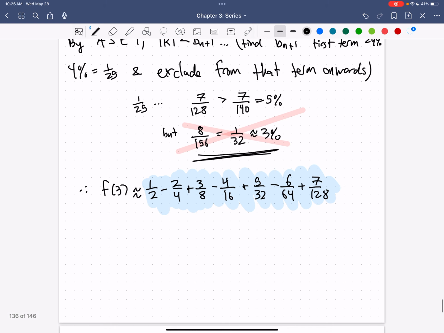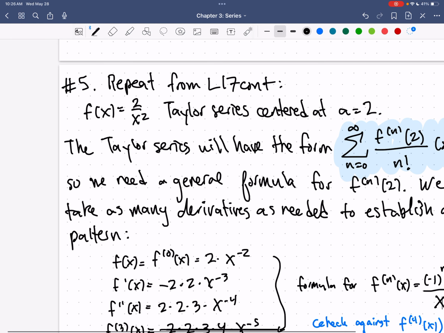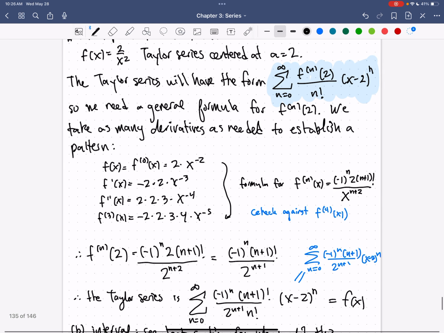If I added this up correctly, this is equal to 31 over 128, which is 0.242185. Okay, then what we were actually trying to estimate was 2 divided by, wait, was it just 2 divided by 9?